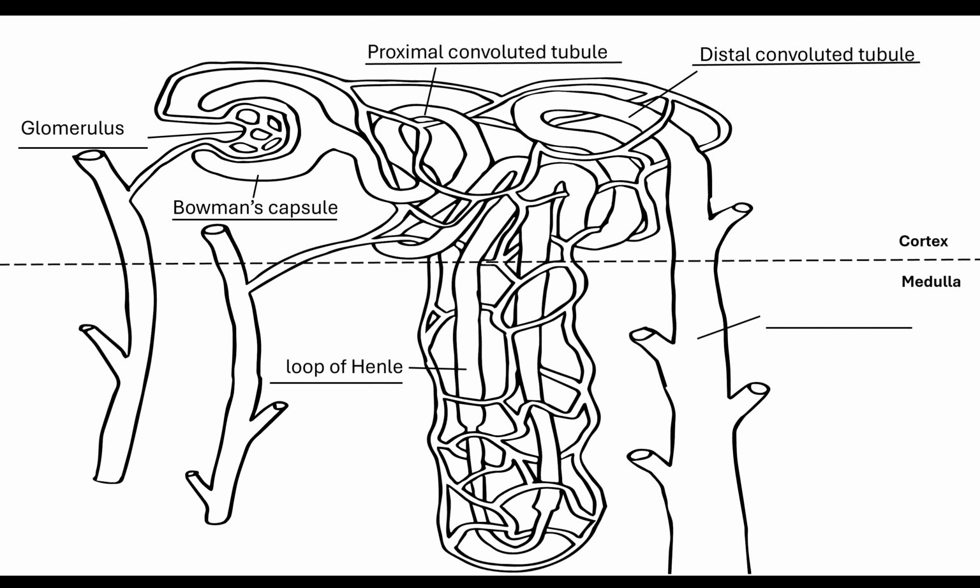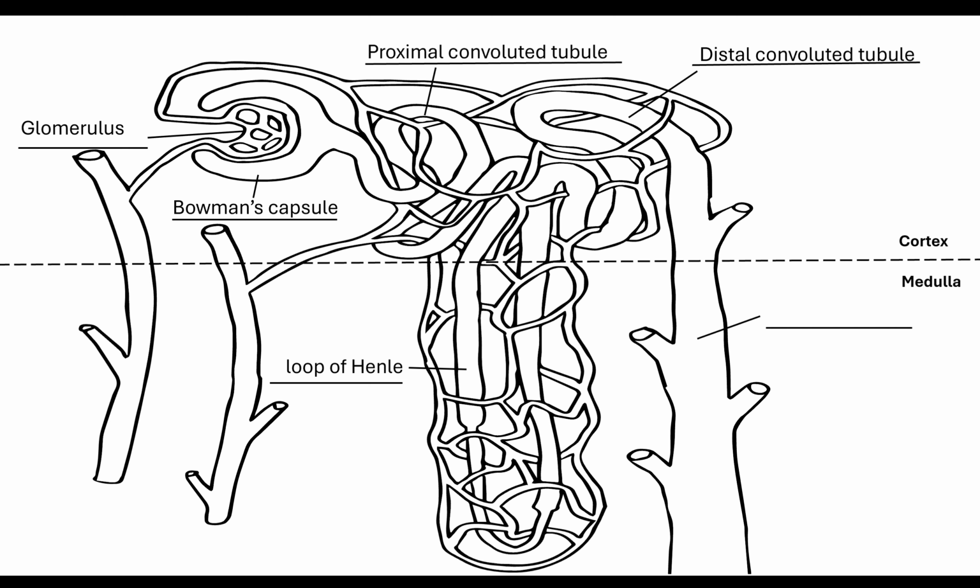So as you can see from my diagram so far, the only part which actually falls down into the medulla section is the loop of Henle at this point. Everything else, the glomerulus, the Bowman's capsule, the proximal convoluted tubule, and the distal convoluted tubule, all sit within the cortex. Remember the darker, redder area of the kidney, and that is where the majority of this will be found.